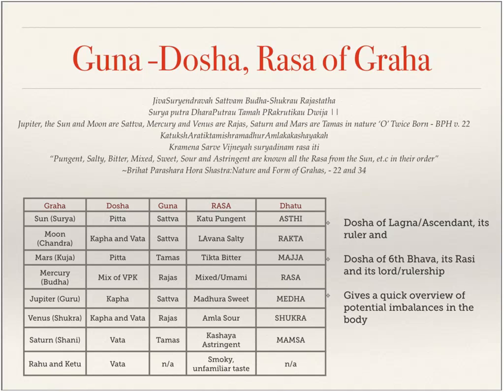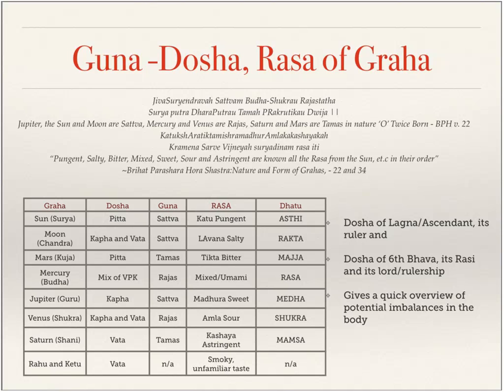So if you look at the Asti Dhatu, the sun governs the bone and the bone marrow and all the minerals, right? All the life-giving minerals in a person. The moon rules Rakta Dhatu, the blood, the circulation of blood. Mars rules Majja. Mercury rules Rasa.